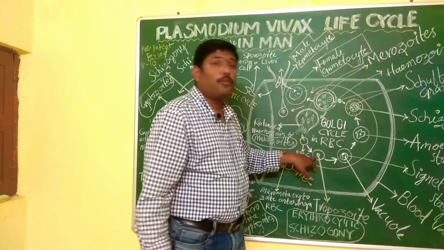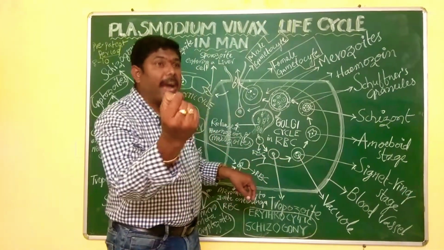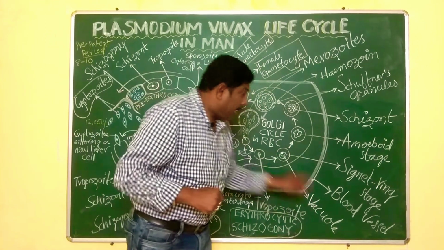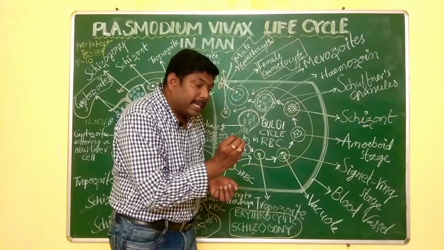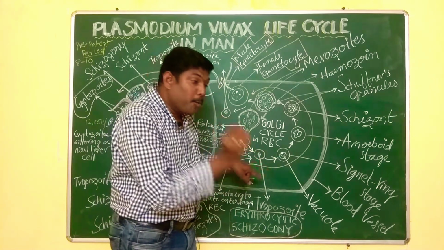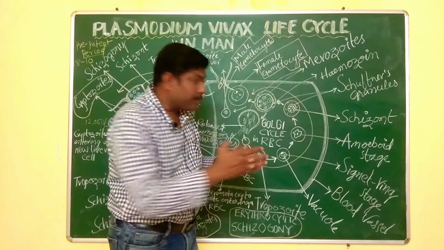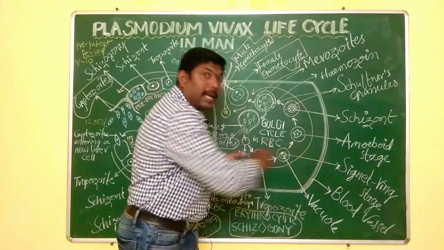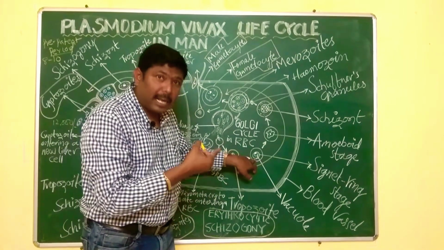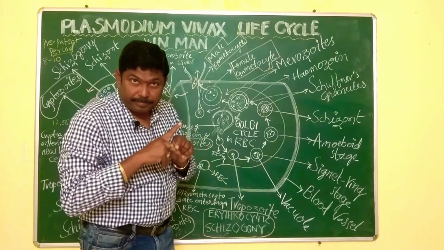In this trophozoite stage only, a small vacuole appears. Okay, and this vacuole gradually increases in size, moving the nucleus and cytoplasm to the periphery. As a result of that, the plasmodium in the RBC appears like a ring.